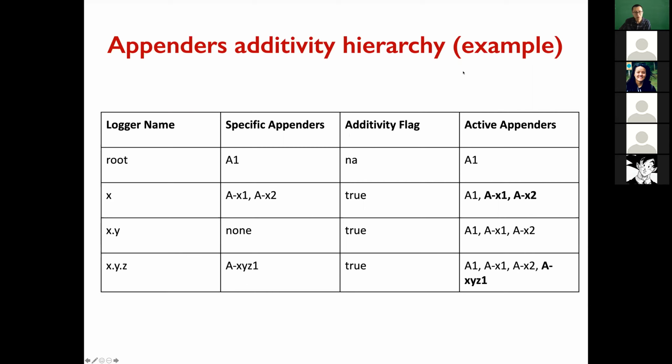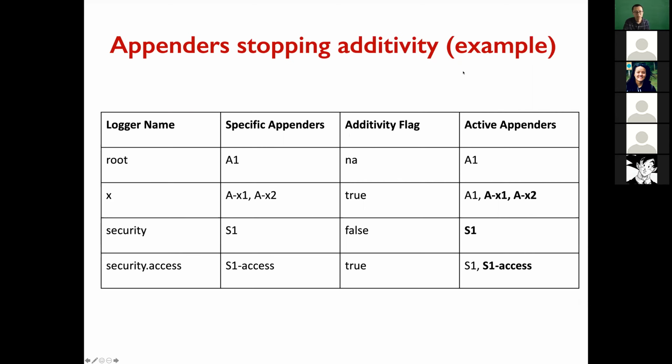So what if we don't enable it? In this case, root and X are still the same. We enable the additivity flag for the logger X, but for security, we disable it. We disable the additivity. So here there's a new appender, but it will not inherit the appenders from the ancestors. So the active appender is only S1.